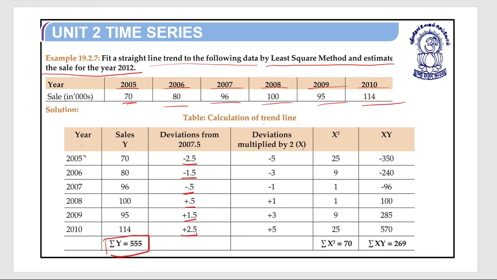Deviation multiplied by 2: minus 2.5 into 2 is minus 5, minus 1.5 into 2 is minus 3, minus 0.5 into 2 is minus 1, plus 1, plus 3 and plus 5.